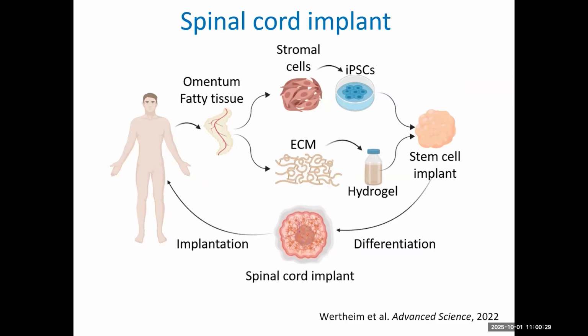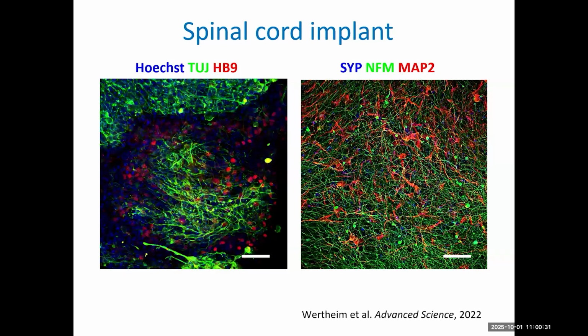And after a while, we're transplanting them. So here you can see after months of differentiation in 3D, we get nice 3D networks of spinal cord motor neurons.